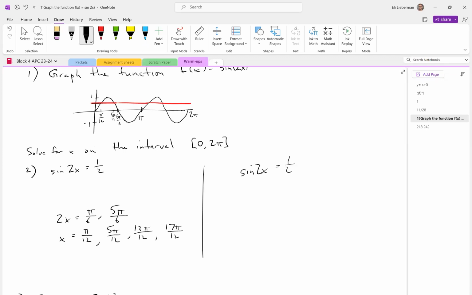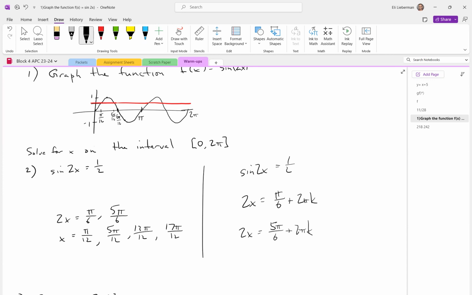is to say here that 2x has to be equal to either pi over 6 plus the general form 2 pi k, or 2x is equal to 5 pi over 6 plus 2 pi k. Okay, so same idea. Kind of what equals 1/2?